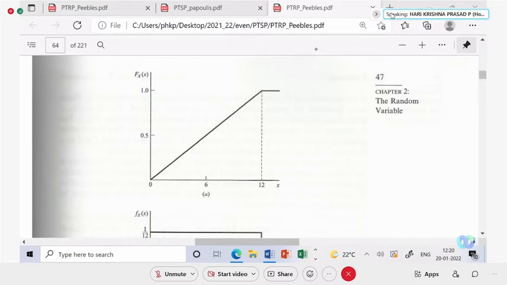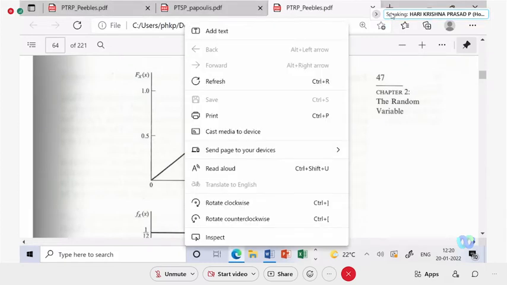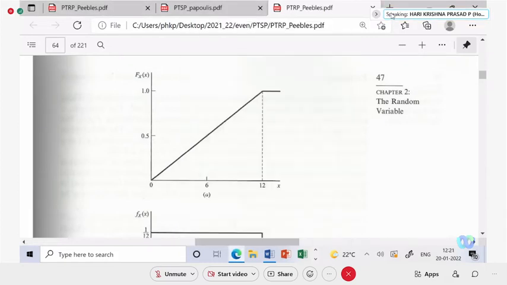If I consider two values x1 and x2, when x2 is on the higher side, the distribution function value corresponding to x2 must be on the higher side. All properties are satisfied by this curve, yes or no? That is how we check whether the given expression represents a valid distribution function or not.